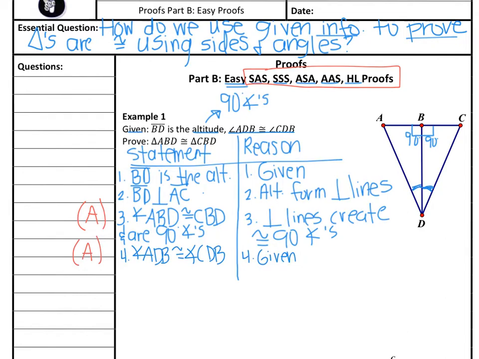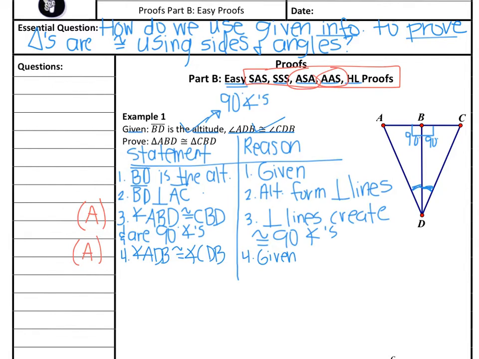So far, looking at our proofs, you see how it's either angle, side, angle, or angle, angle, side, because I have two angles on this picture that are congruent. Now, we ran out of givens, so we already used the altitude and we used our free pair of congruent angles. So our next thing we have to do is look for any vertical angles.